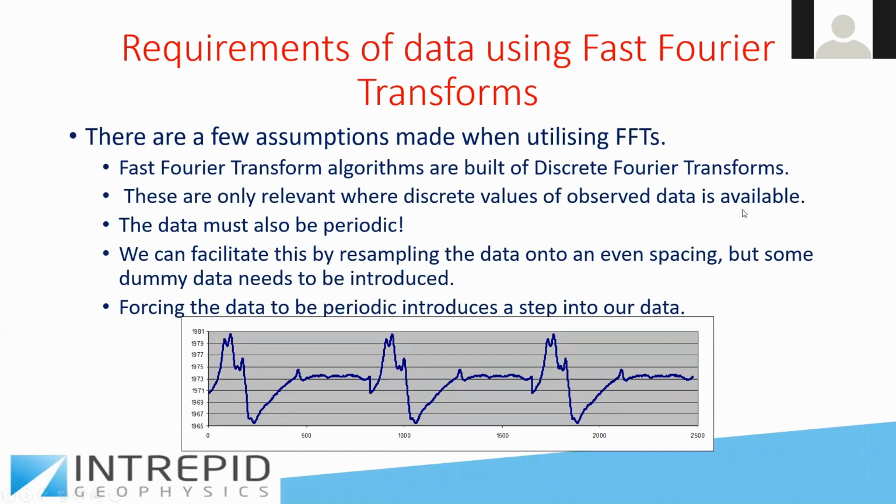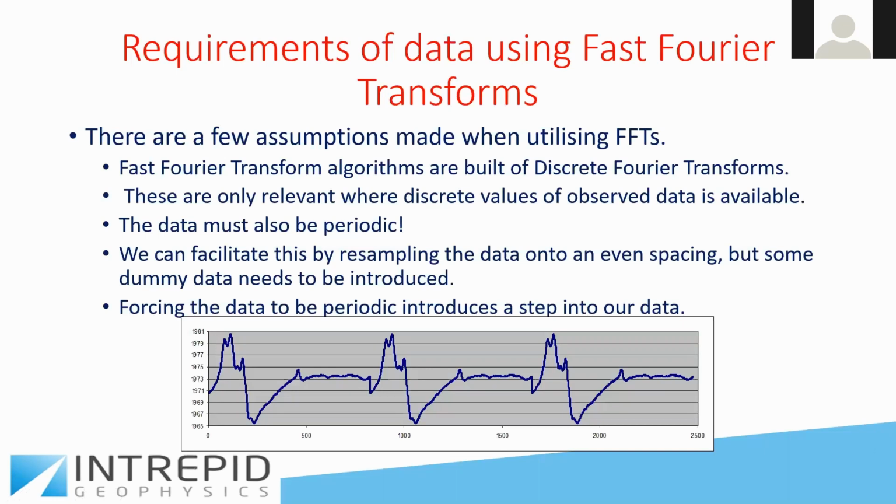This is because there are a few assumptions made when utilizing fast Fourier transforms. The fast Fourier transform algorithms that Intrepid uses are based on discrete Fourier transforms, and these are only relevant where discrete values are observed within the data. The data must also be periodic.